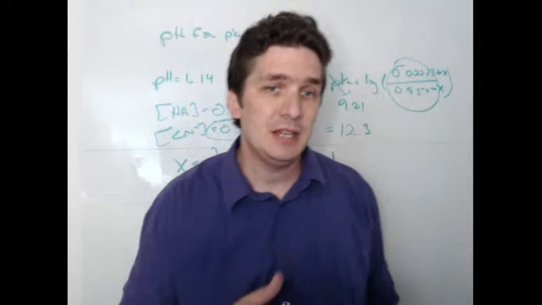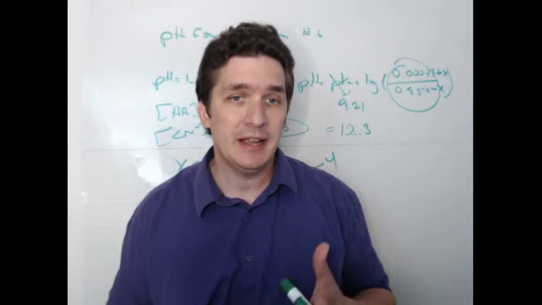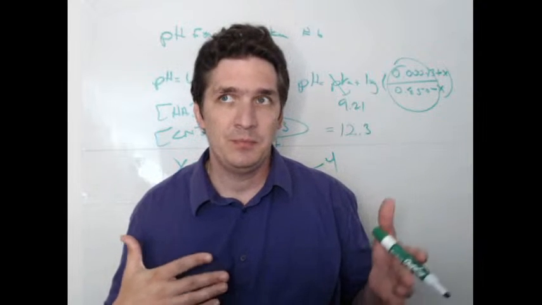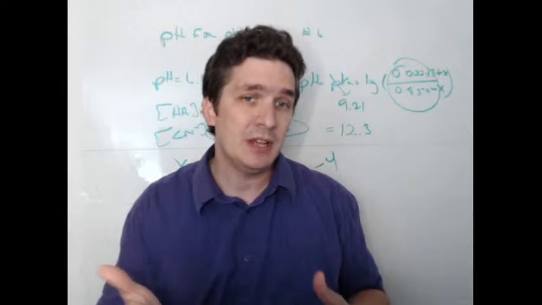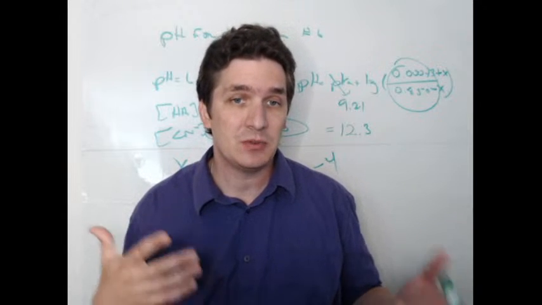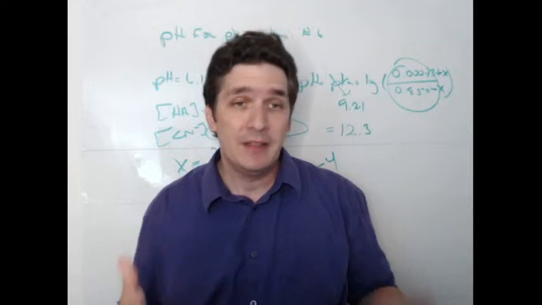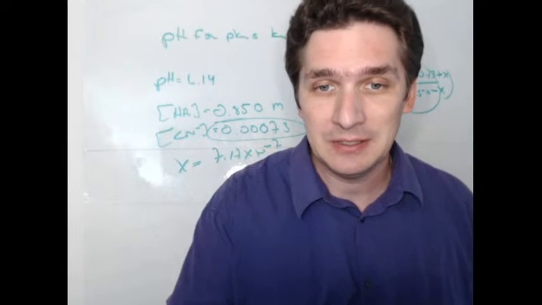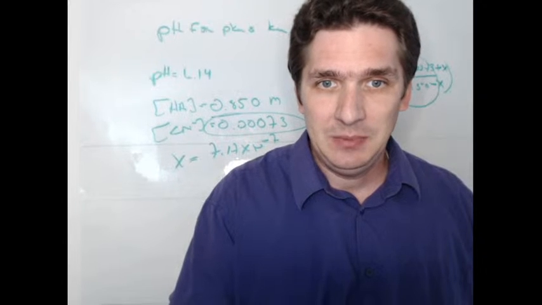And yes, sir, the IC table, so you asked, if you're just given an acid and you're asked to find the concentration of the acid if you don't have any conjugate base, that formula you have there, molarity equals concentration H plus squared over K plus H plus, that's correct. This is why you work out the IC tables. It'll give you an algebraic relationship for it. All right, pH from pKa.